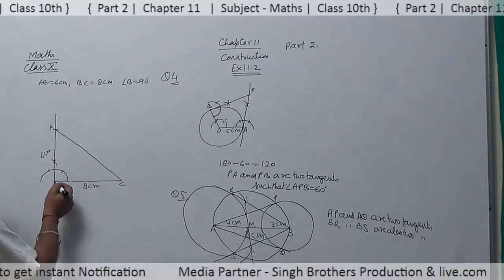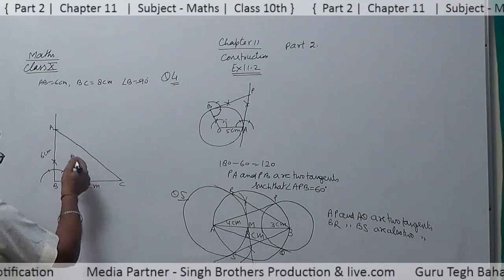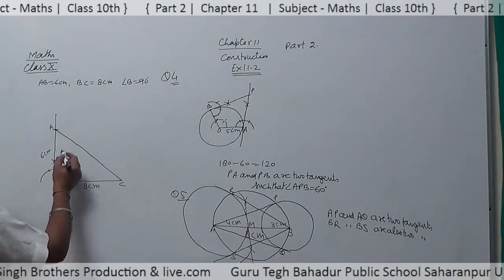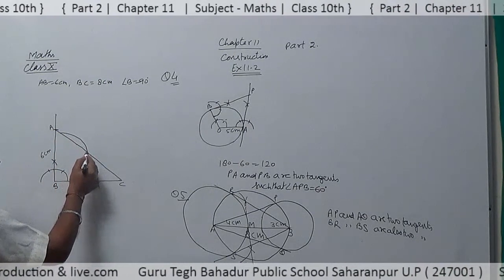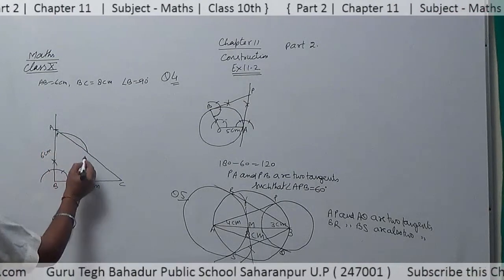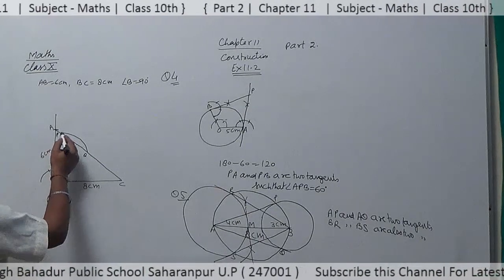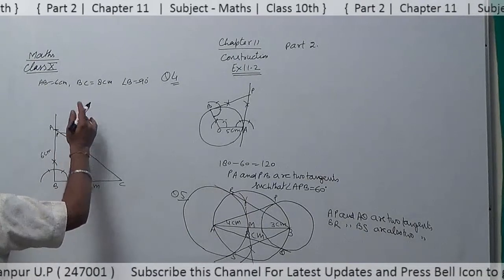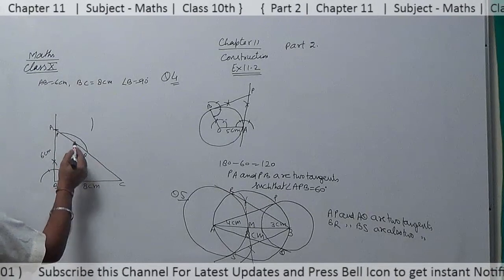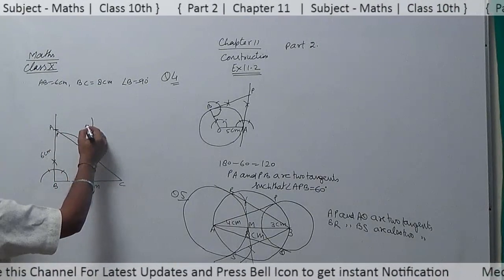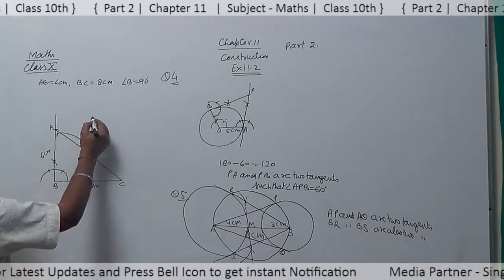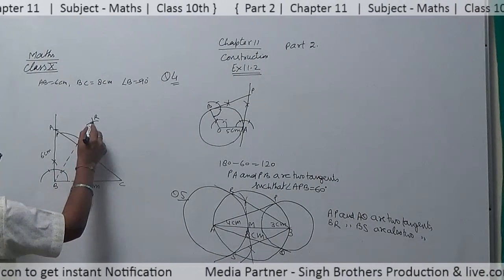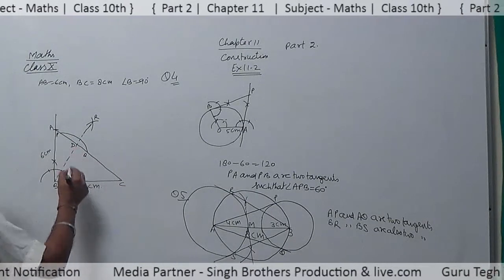Draw the perpendicular on side AC from point B. From point B, draw the arc, this is point P and Q. First from point B we will draw the arc PQ, then from point P we will draw the arc, and also from point Q we will draw another arc which intersects at R. Join BR, it intersects AC at point D.